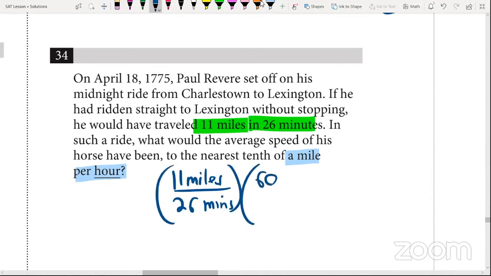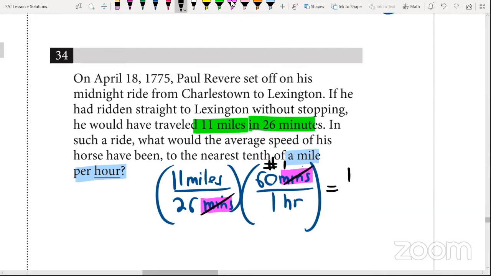And there are 60 minutes in 1 hour. And like we always say here, this whole fraction on the right is equal to just the number 1, because 60 minutes and 1 hour are the same thing as each other. So it's a fraction with the same values on the top and the bottom. It's just the number 1. Now we could have said 60 minutes over 1 hour or 1 hour over 60 minutes, but we purposely put the minutes on the top because it's going to cancel. The units cancel just like a number or a variable.